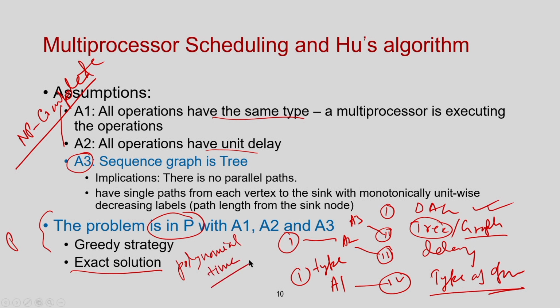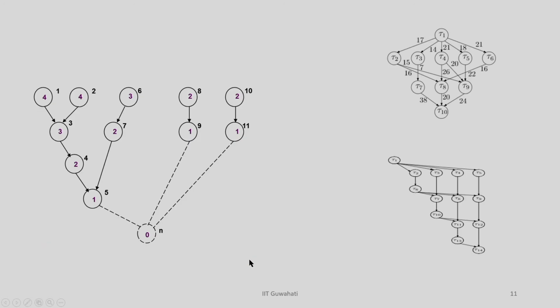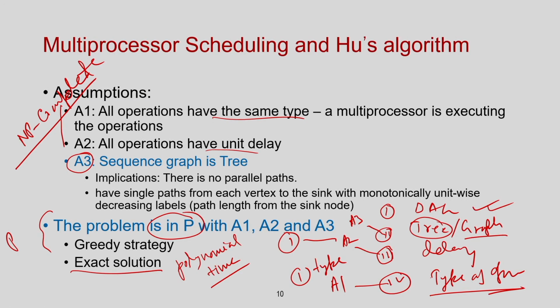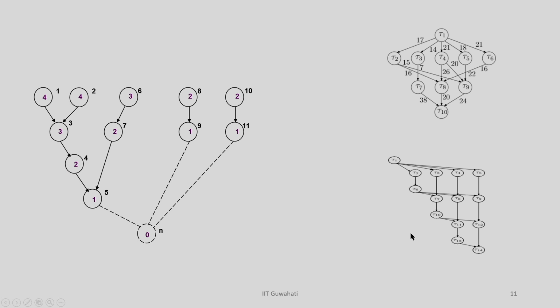And I can come up with some greedy strategy to solve this problem. So, let us try to understand why, once we assume these 3, this problem becomes easy. I am not going to prove it, but I will give you some intuition. When you try to do the scheduling, you start from step 1.